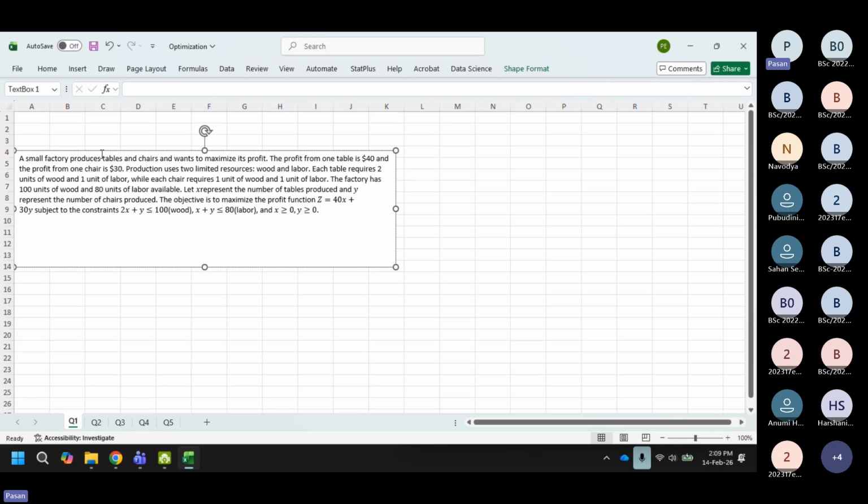Their production is basically restricted to two types, tables and chairs, right? There can be various types of variables available. So in terms of tables and chairs, there are two variables that we are going to define.